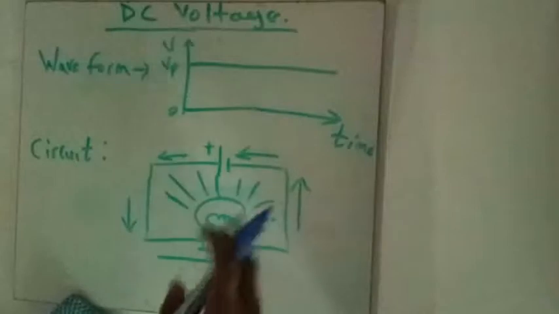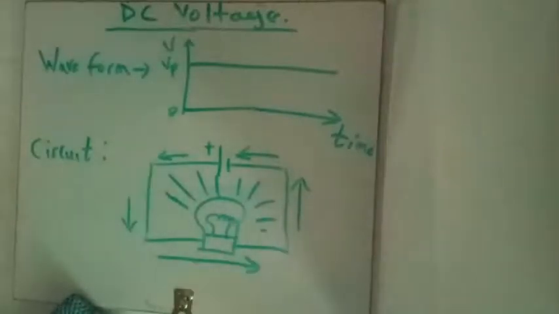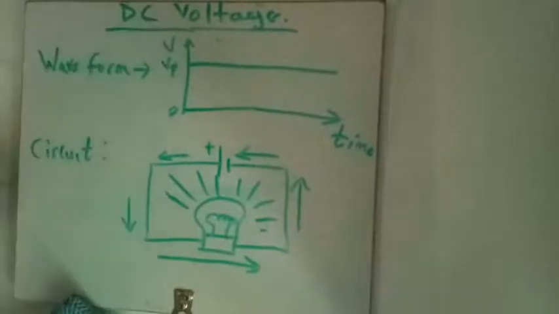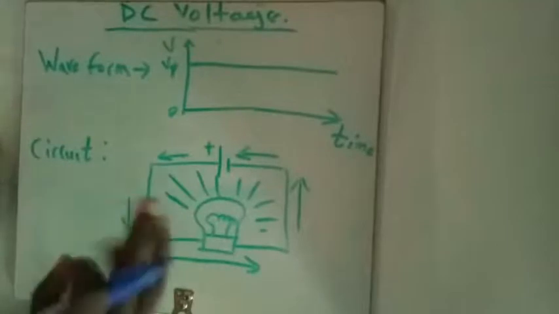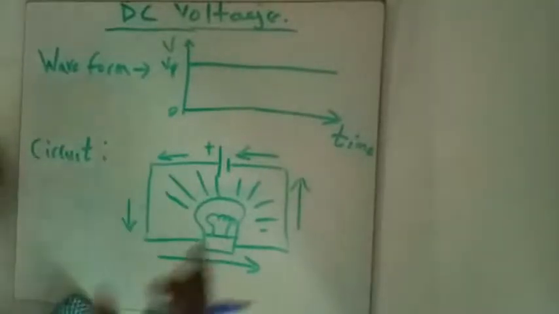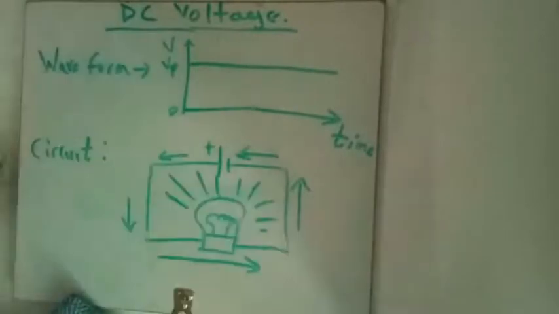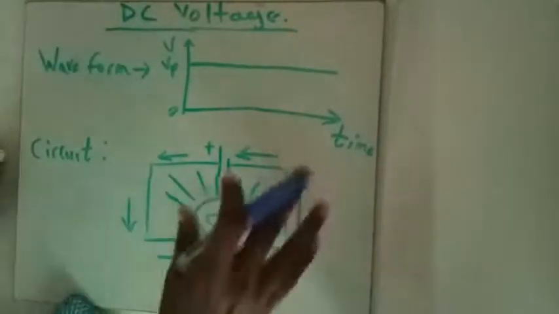Back to 0, and then the negative, and you don't have all that undulating show of brightness. We don't have that alternating intensity of the brightness of the bulb as we have in AC. In DC, it just comes on, attains maximum brightness, and remains that way.